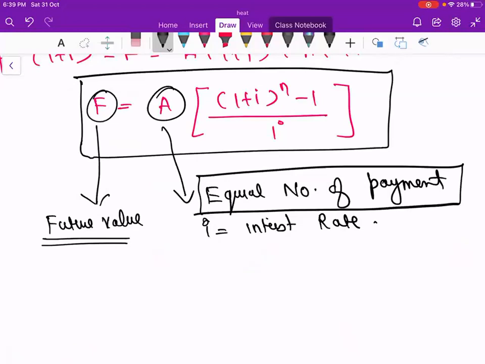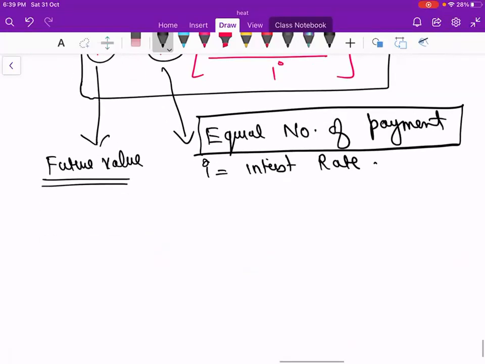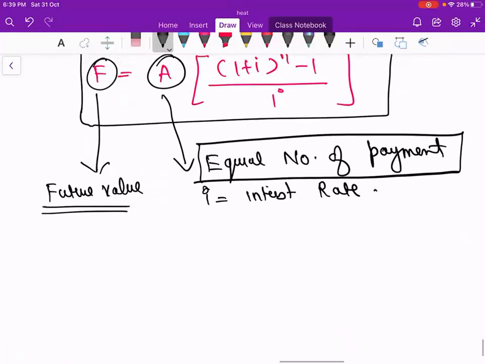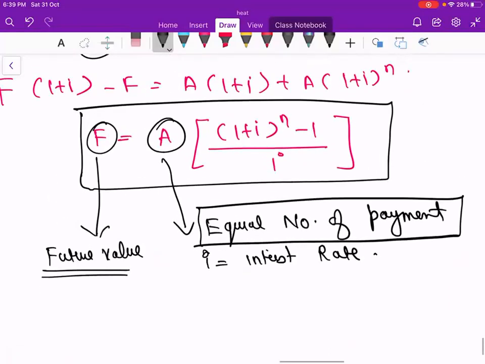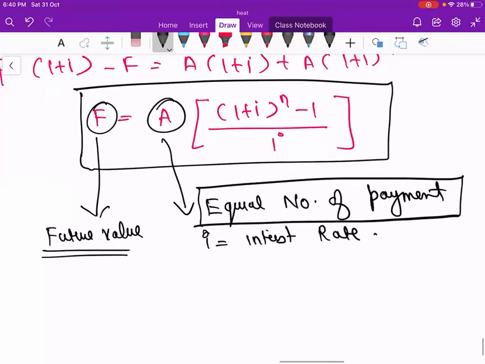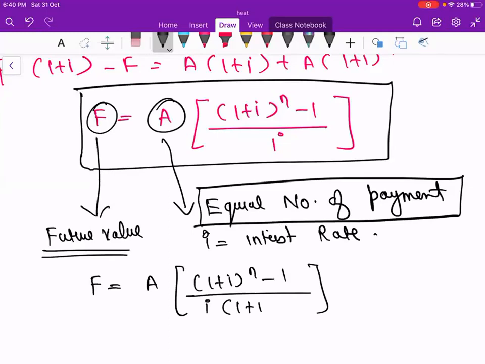If I want to convert this future value into the present value, what will you do? The formula will be F equals A (1 plus I to the power n minus 1) upon I, and divide by 1 plus I to the power n.